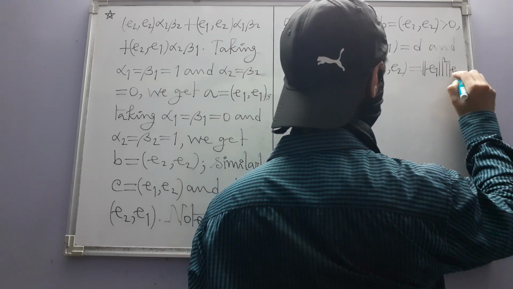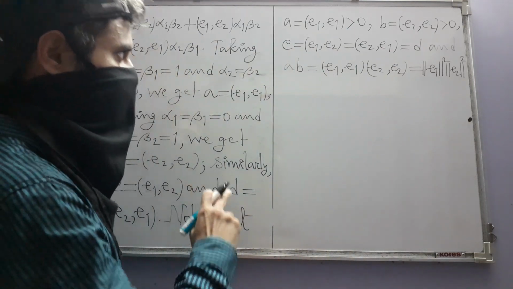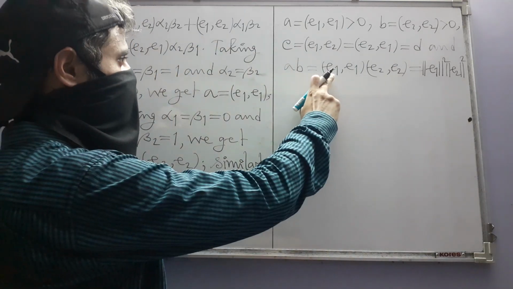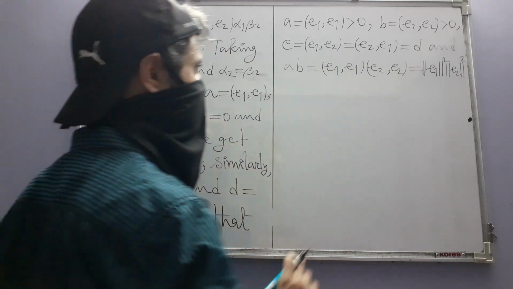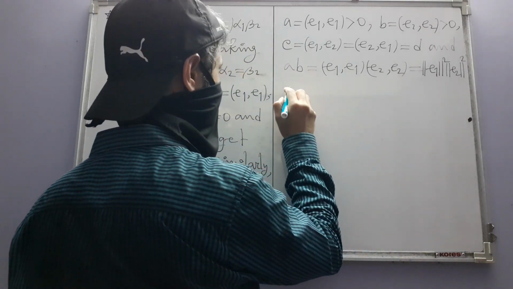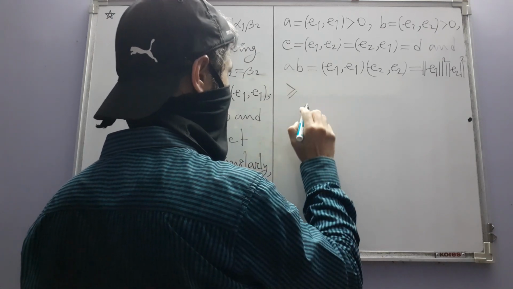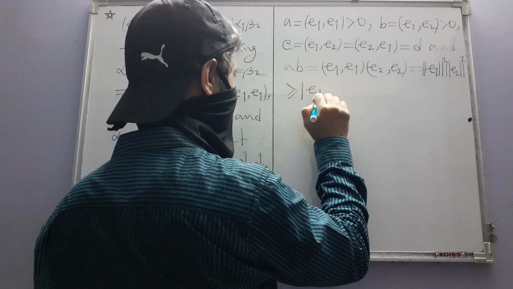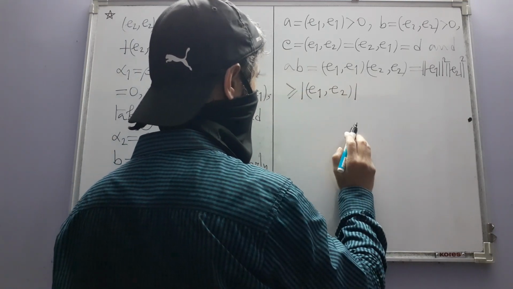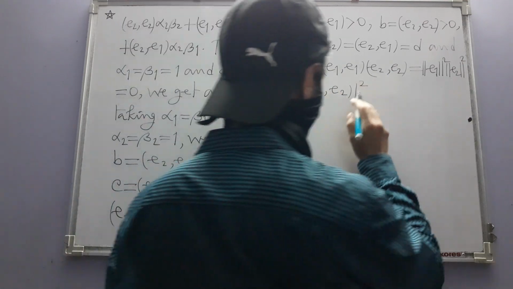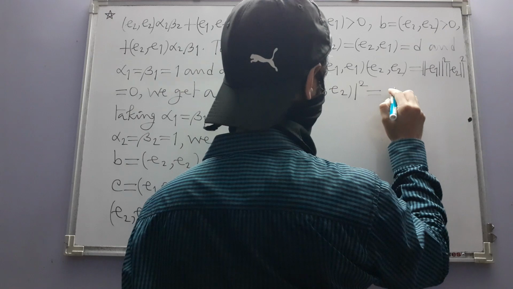Why? Because the length of E1 is the non-negative square root of the inner product of E1 with itself. So that's why we have this. But then by Schwarz inequality, this is greater than or equal to the absolute value of the inner product of E1 and E2, squared, which is C square.